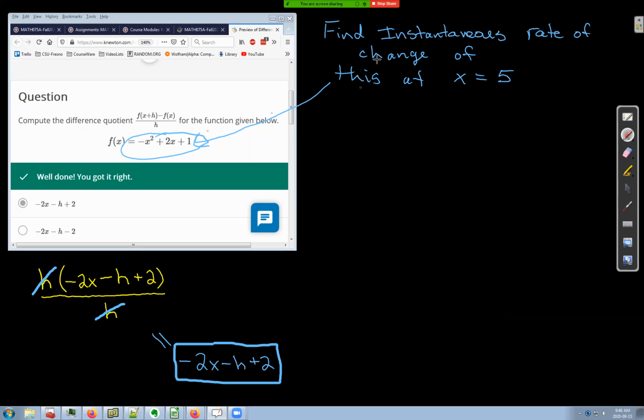So what I can do now is ask, well, what's my instantaneous velocity at the moment 5 seconds? If this is my position function, then what's my instantaneous velocity at x is equal to 5? And I claim that this guy right here is going to help us answer that question.